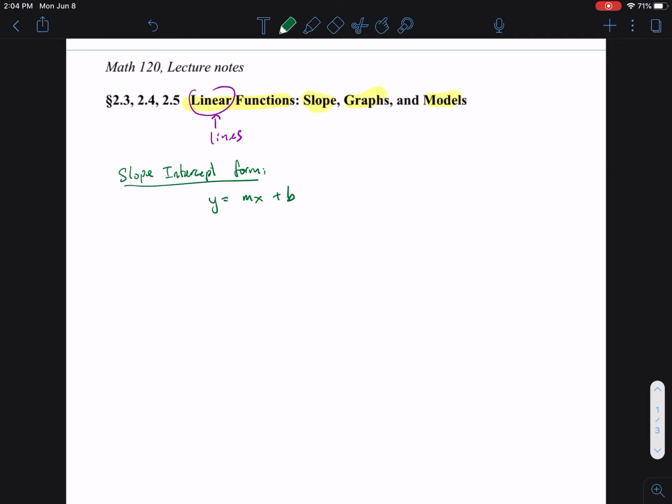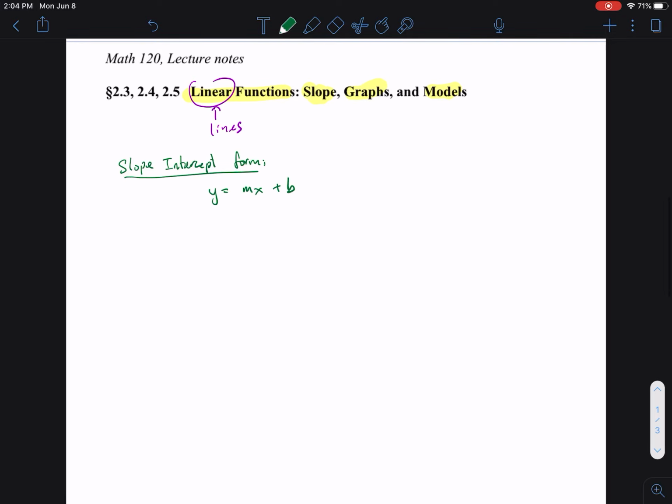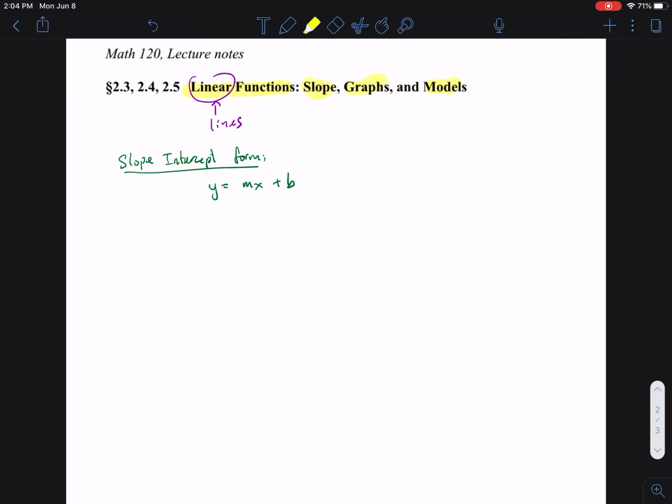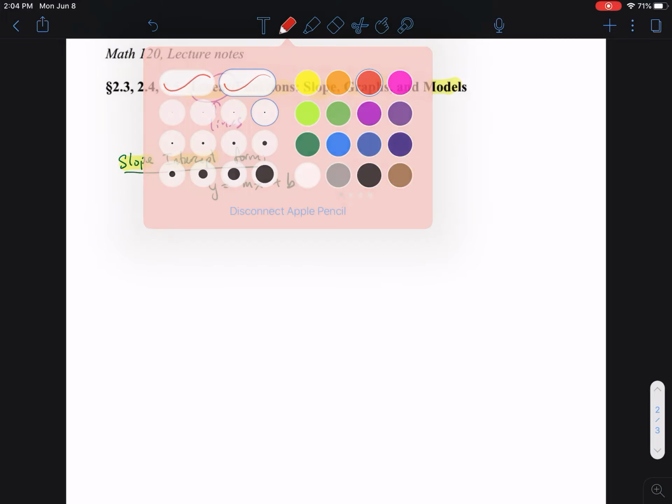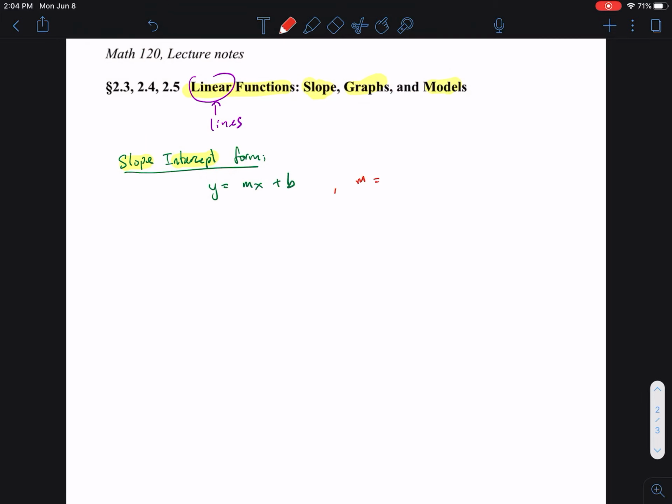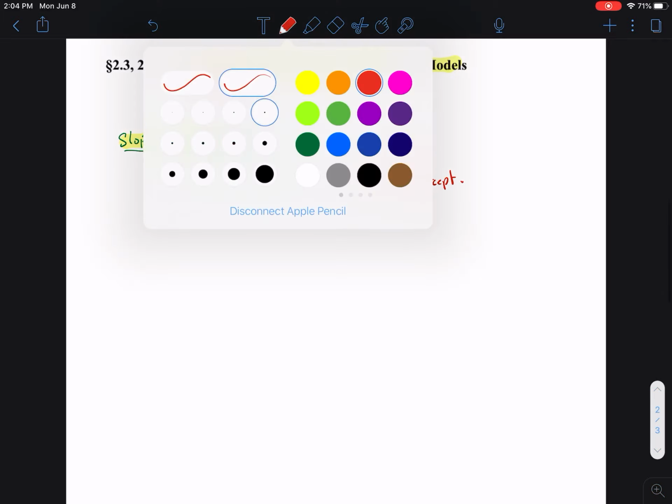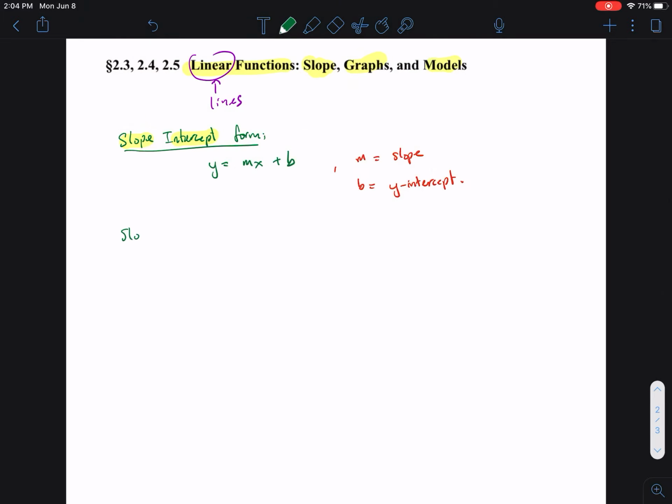Any equation of a line can be written in this slope-intercept form, just like the name of the form indicates. We have the slope and then the intercept. So m stands for slope, and b stands for the y-intercept. Slope is what we call the steepness of a line.